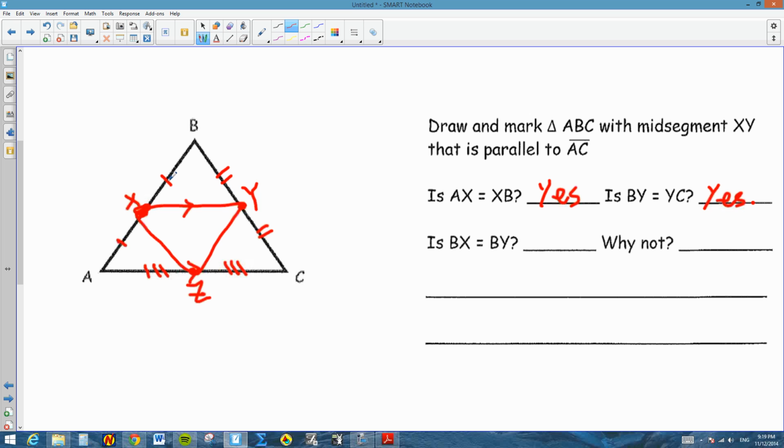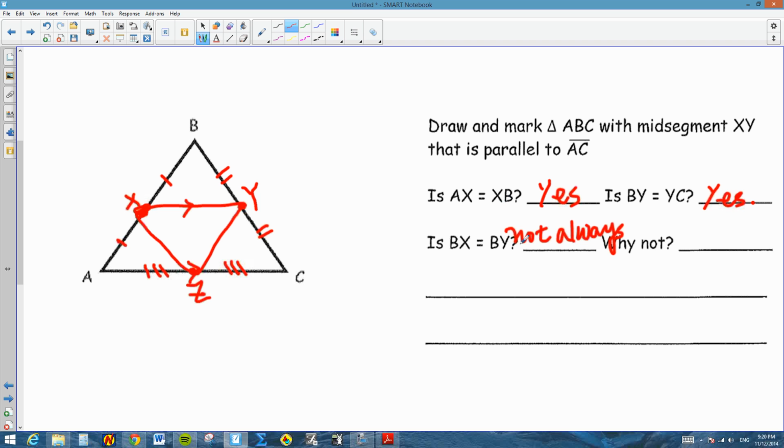Not always. Look at this. This is 1 tick mark. This is 2 tick marks. So no. Sometimes, not always. It might be equal, but if I mark them differently, they are different. If you can tell from the marks, they are not equal.